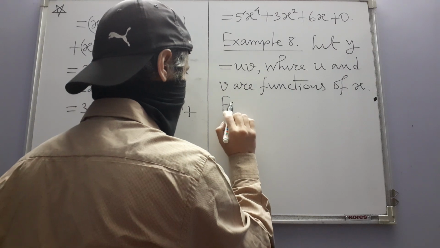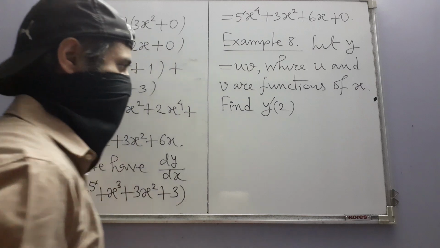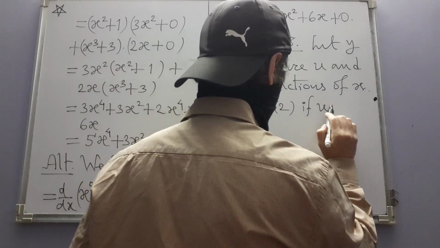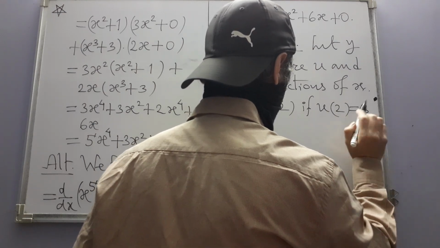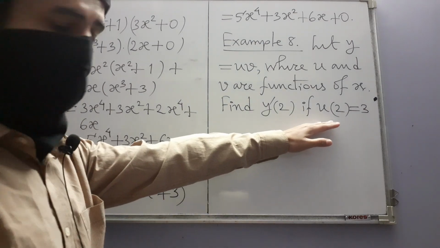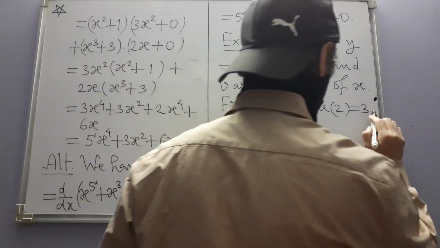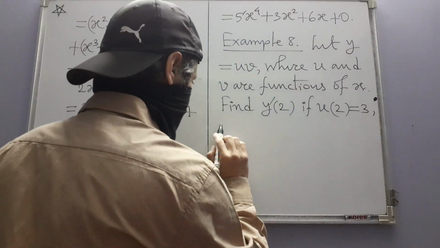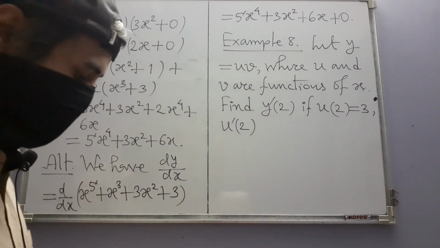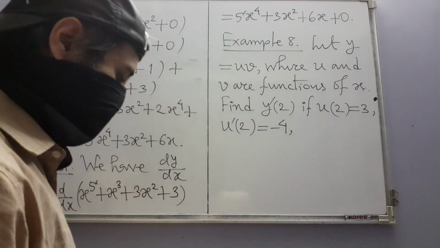Find the derivative of y at the point 2 if the value of u at 2 is equal to 3. We are not given what the function u is entirely, but it's given that its value at 2 is 3. Also, it's given that the value of the derivative of u at 2 is -4.